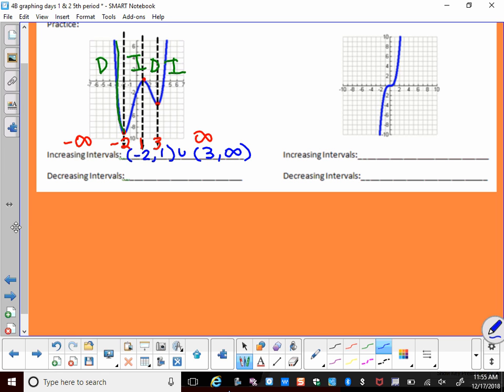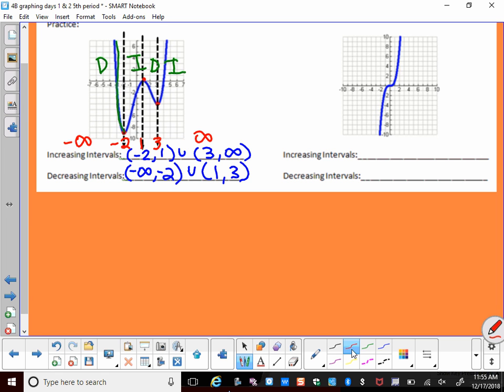And then I'm decreasing from negative infinity to -2 and 1 to 3. Good. Important part there is to see where you're changing directions and then to look at your x values.